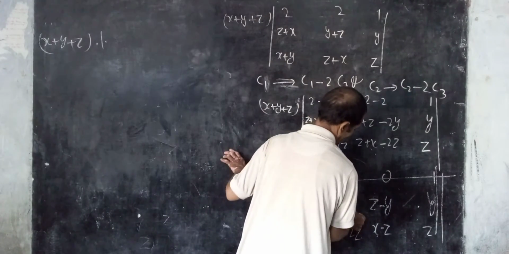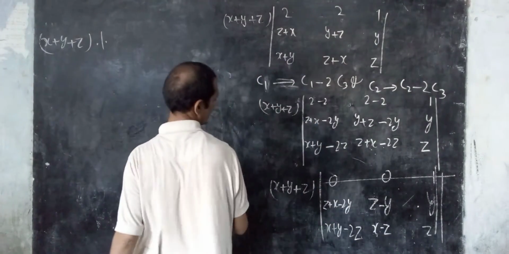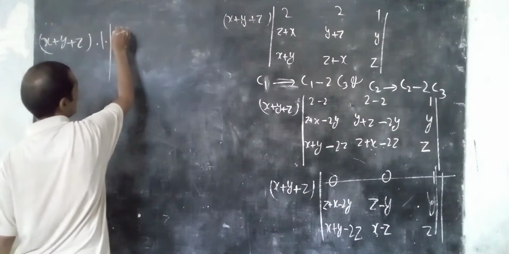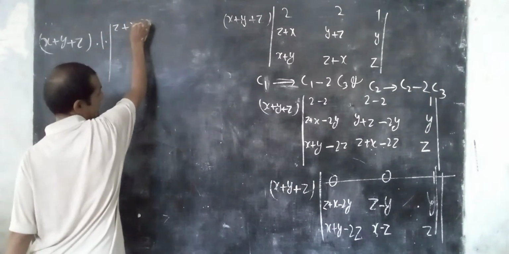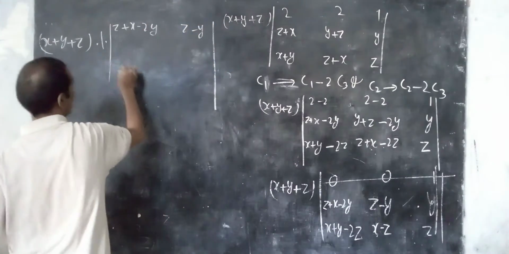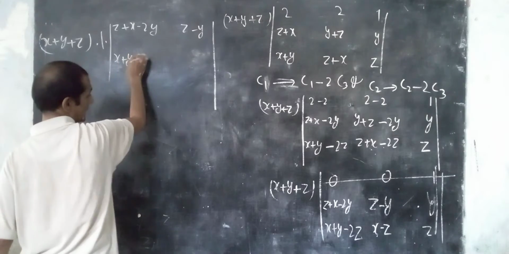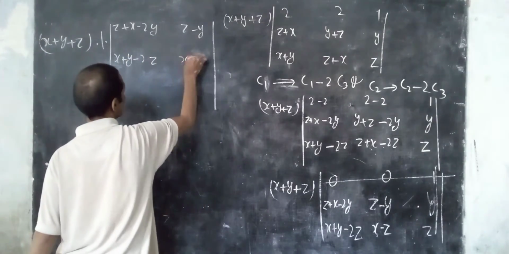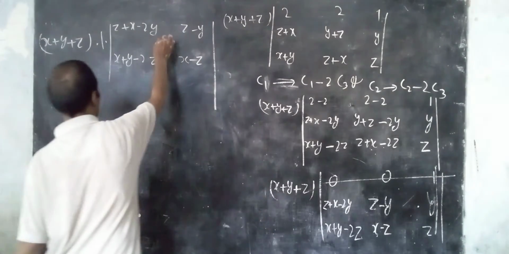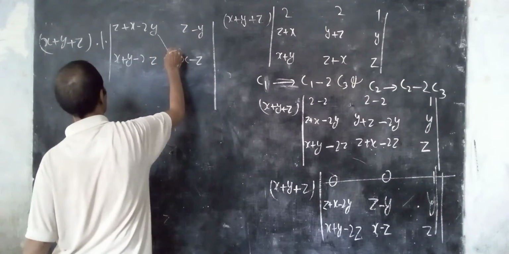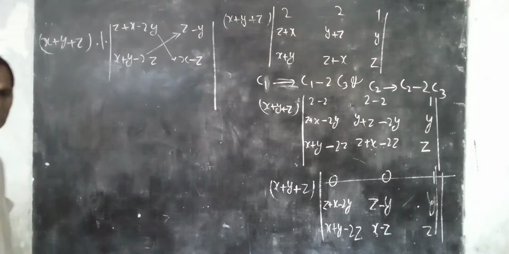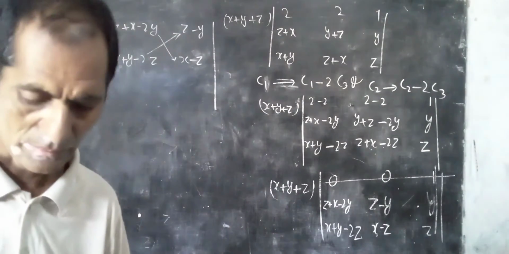Now we write this. Then you get z plus x minus 2y, z minus y, x plus y minus 2z, x minus z. Now we obey the rule: multiply top to bottom, bottom to top. Top to bottom is positive, bottom to top is negative.